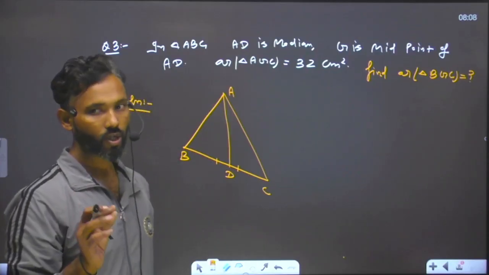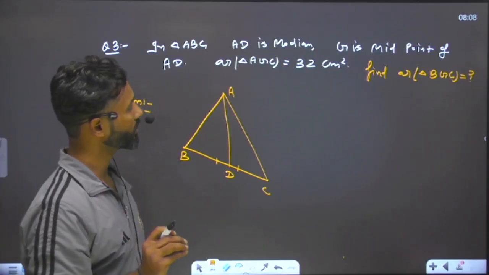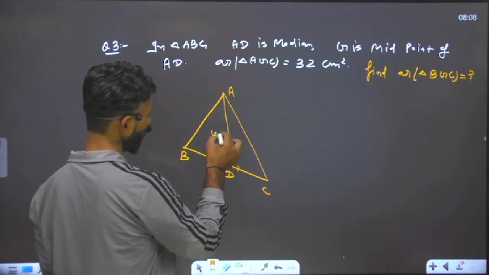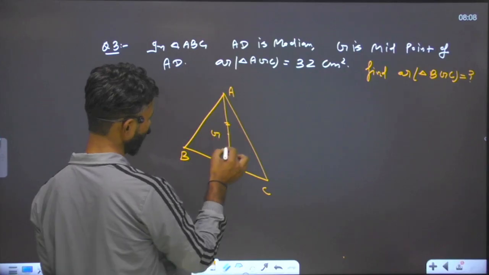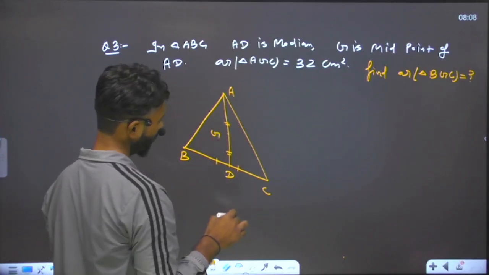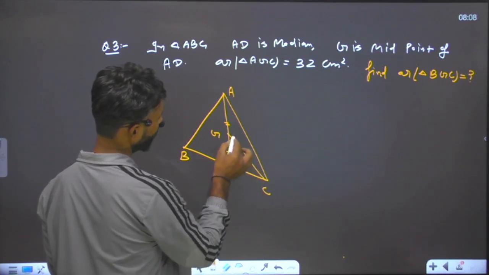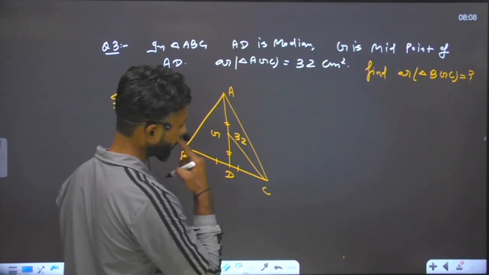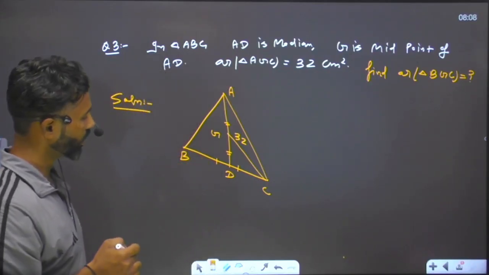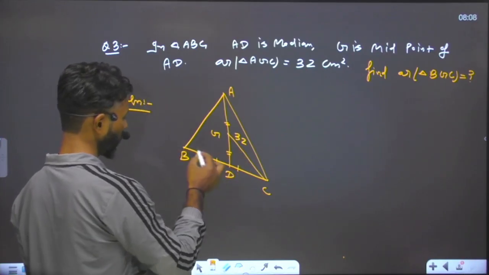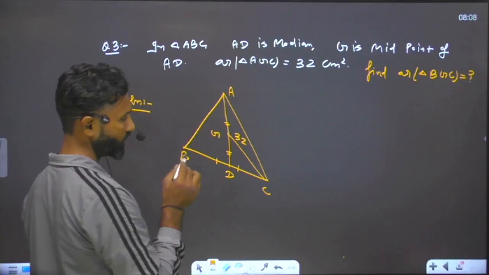G is the midpoint of AD, which means G is bisecting AD, so both parts will be equal. Now the area of triangle AGC is provided equal to 32 centimeter square, and we just need to calculate the area of triangle BGC. So we will draw BGC, just connecting B and G with each other.